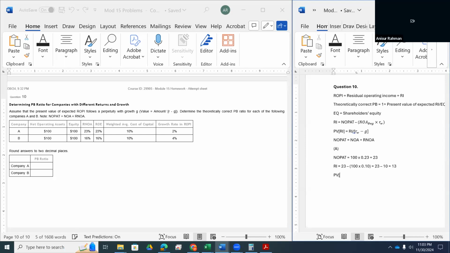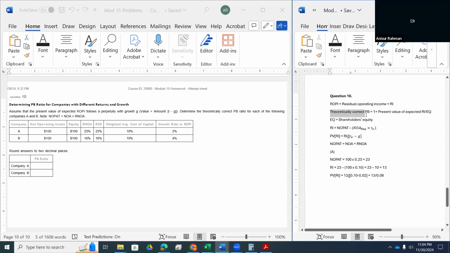Now present value of RI. So this will be 13 divided by, again, RW, which is 10% minus the growth rate, which is 2%. So 13 divided by 0.08. Now, what we have to do, theoretically correct PB is equal to 1 plus present value of expected RI.